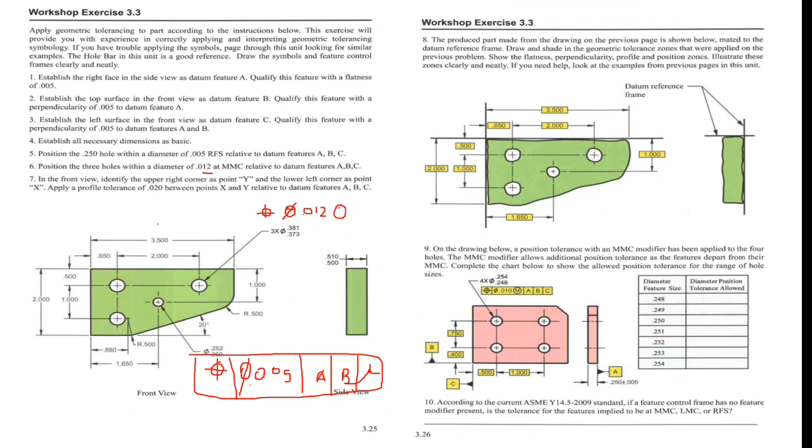So we will write this maximum material condition symbol related to datums A, B, and C, and this is my DRF for these three holes.